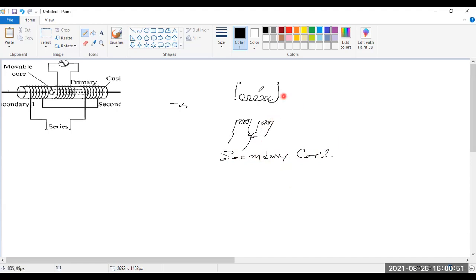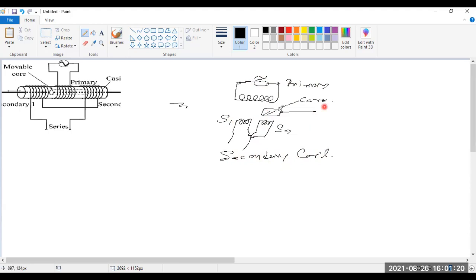And this is the primary coil. We have to give some external power, that is always AC. Then there is a core. Core is just like this. This is the primary. This is secondary 1 and this is secondary 2.